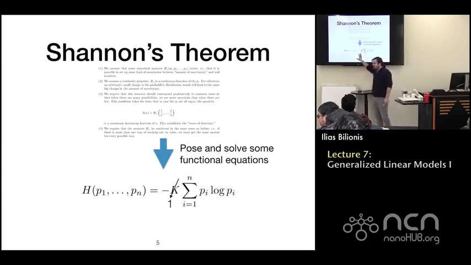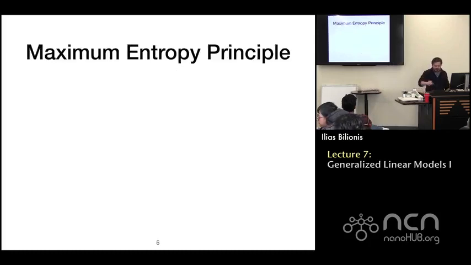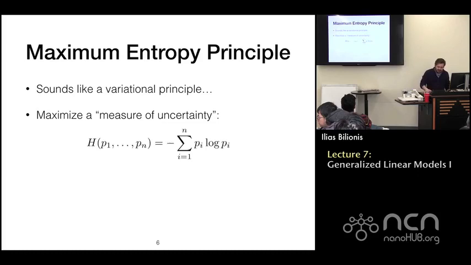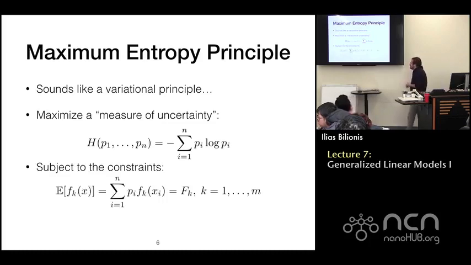And it's unique up to a normalization constant that you can pick to be whatever you want, and of course we pick 1. And then once you have a measure of uncertainty, then you can come up with a variational principle that allows you to pick the right distribution. And the variational principle says you should maximize the entropy, you should pick the distribution that corresponds to maximum uncertainty, subject to whatever constraints you have.